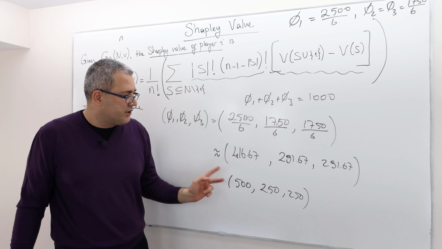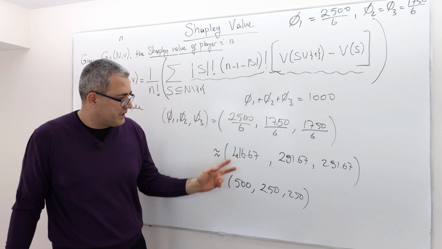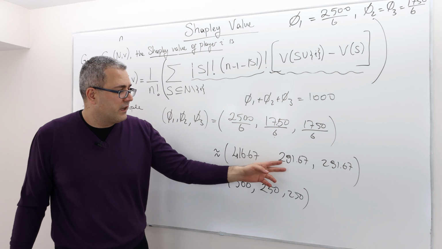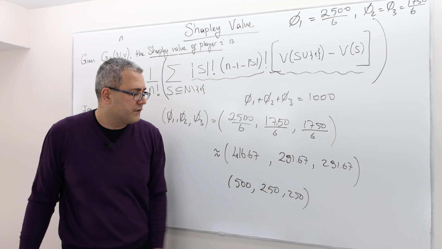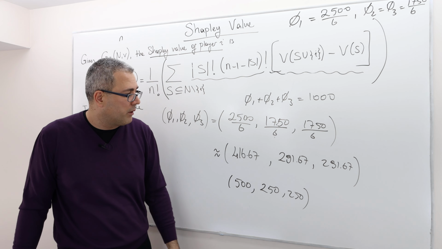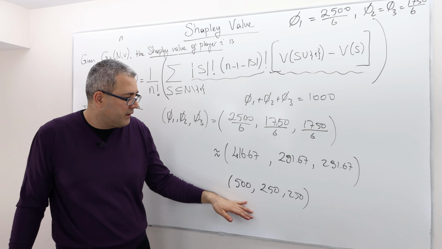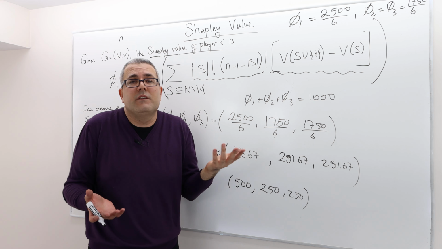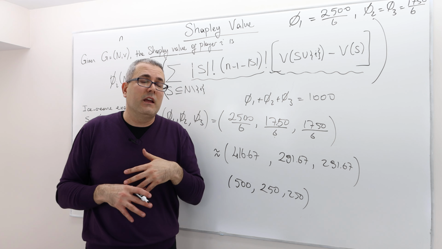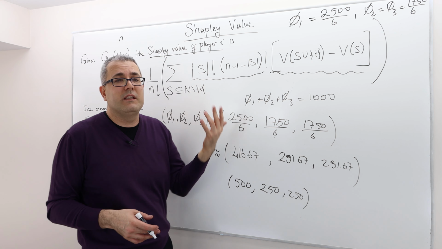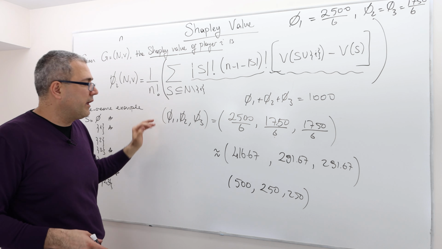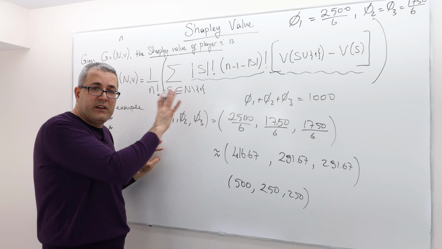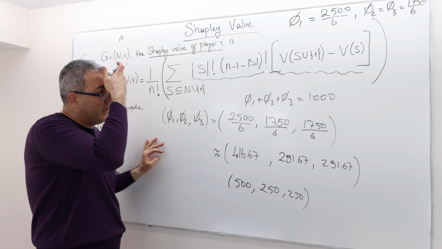But here the Shapley value suggests less than this for player 1, and more to players 2 and 3. Is this more fair than this? I don't know. Fairness depends on how you define it, and Shapley defined it in that weird way. But as I said, it has very nice properties. We will talk about it later.